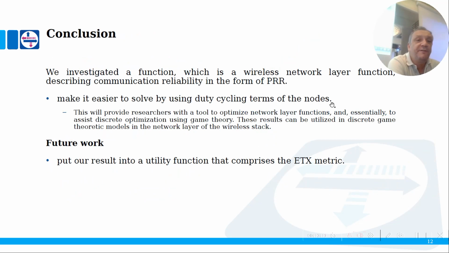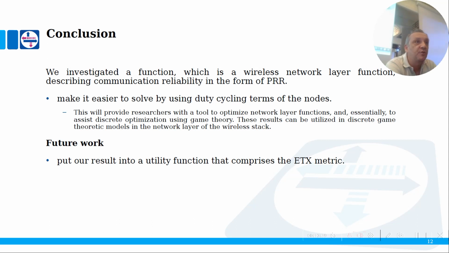Now, as a conclusion, we investigated a function which is a wireless network layer function describing communication reliability in the form of the PRR. We actually make it easier to solve by using duty cycling terms of the nodes, in order to give researchers the means to have a simpler way of solving such a difficult problem.